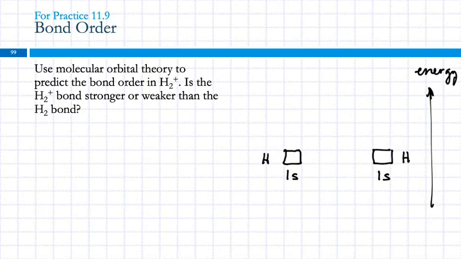Here I've got H2+, which means I'm missing an electron. Normally we'd have 1 electron from each hydrogen atom. Because this is a positive ion, one of them is missing the electron. It doesn't matter which side you put that on, so bye-bye electron. So technically this one over here is an H+.